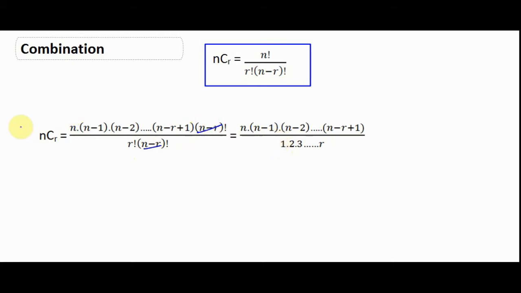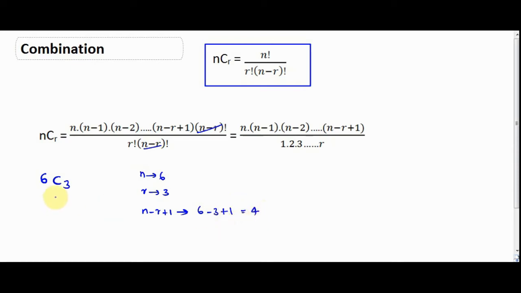Let's see an example. Suppose we need to calculate 6C3. Here n value is 6, and r value is 3, and n minus r plus 1 is the lowest value in the numerator, so that will be equal to 6 minus 3 plus 1, so it's equal to 4.